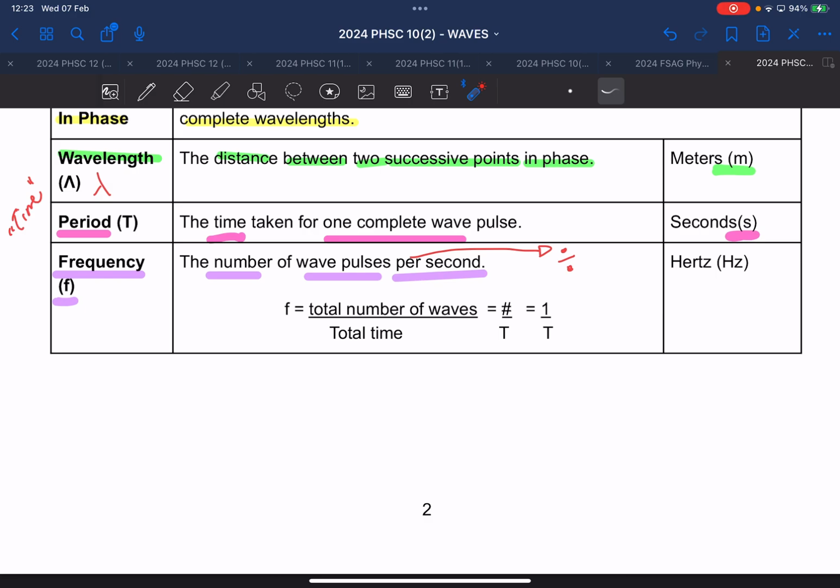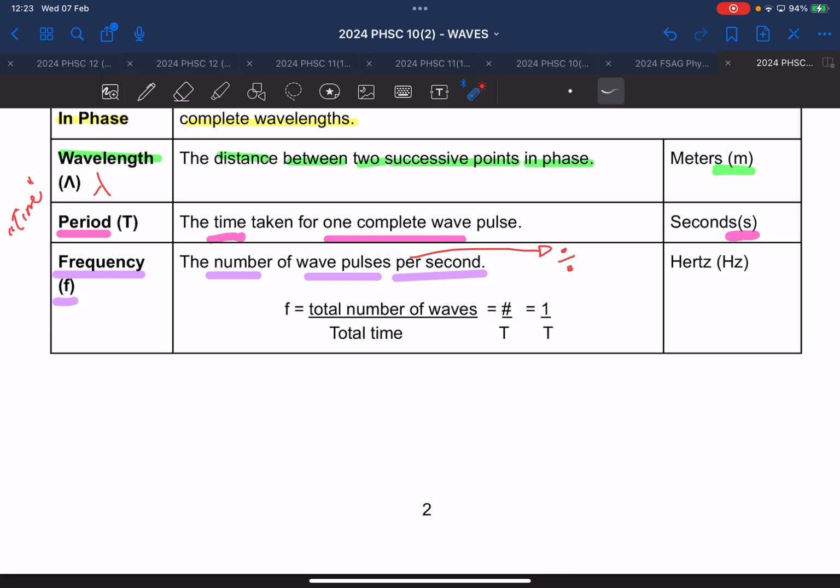Okay, so if we say frequency is the number of waves per second, then we say frequency is the number of waves per time. Now this hashtag here, the original meaning for hashtag is not to tag something on Instagram or TikTok or wherever.